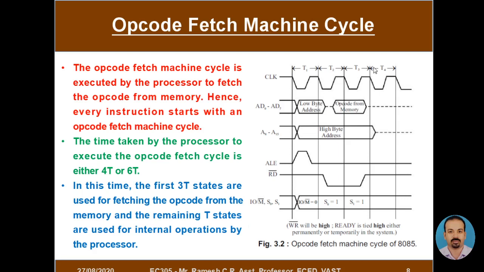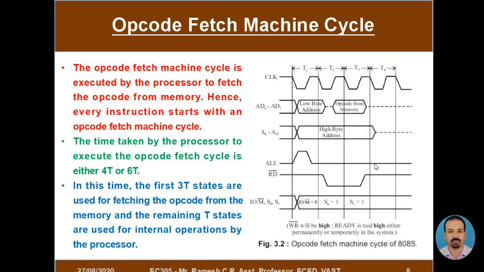Now you can see there is one additional clock cycle, that is T4. During this T4, or the fourth clock period, you can see the values of ALE, RD bar, IO bar, M bar, S1 and S0 remain the same. The only change is that both the address and data bus have gone to the high impedance state.